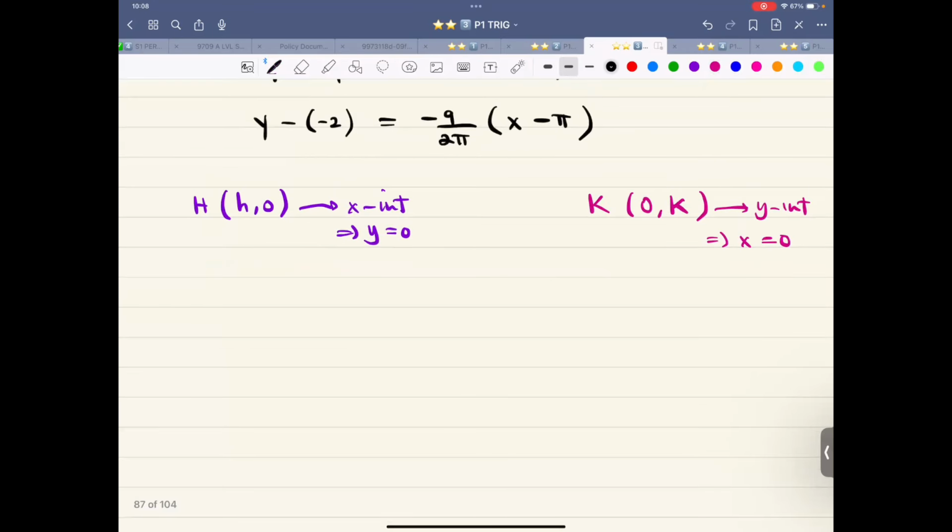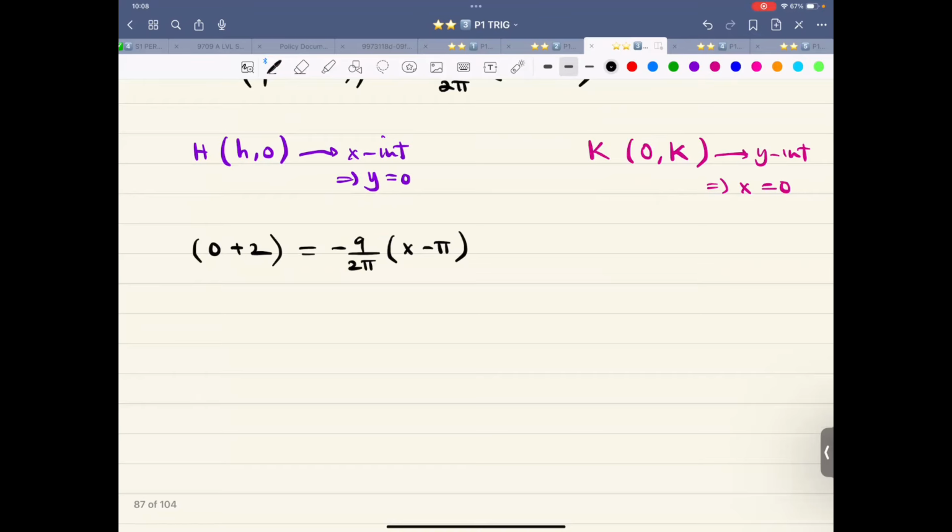So therefore, let me just draw a bracket. There was no need of simplifying this. So now when y is 0, 0 plus 2 is equal to minus 9 over 2 pi times x minus pi. Cross multiply.